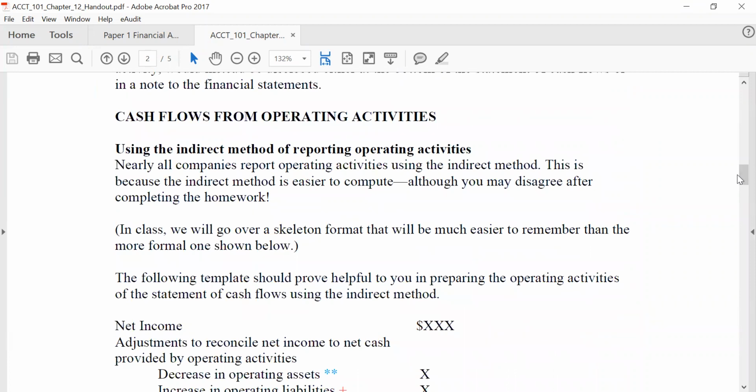Apart from that, one of the things we also need to appreciate are the different methods of preparing our cash flow statements.